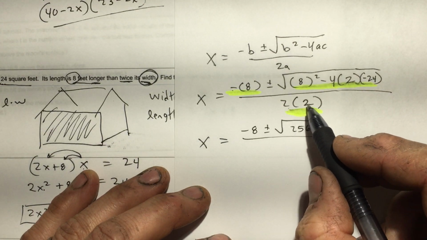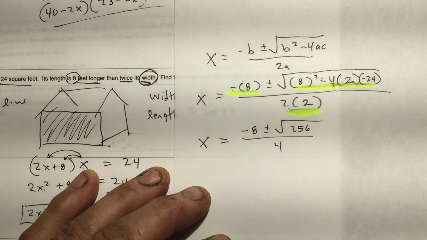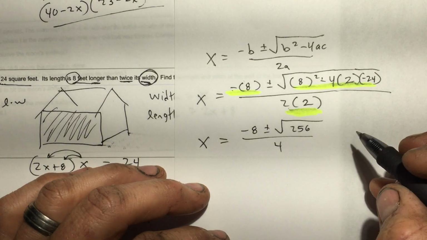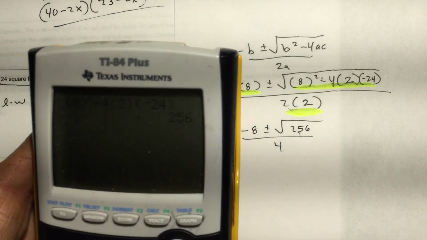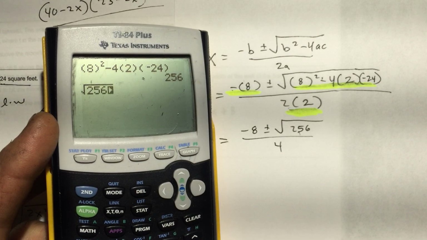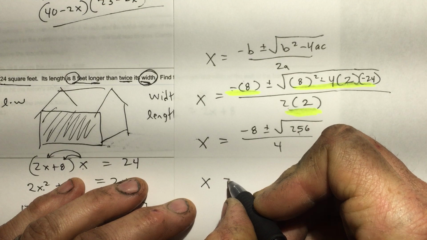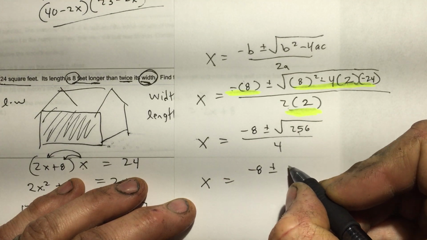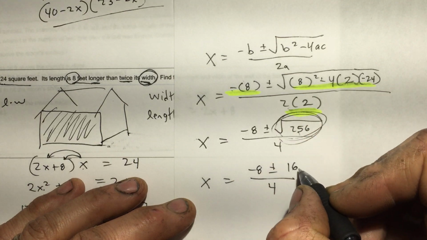On the bottom, 2 times 2 is 4. So I did all 3 of these things. Now, after I do that, I got to focus on my radical here and see if that's a perfect square. So I'm going to do the square root of 256. Hopefully that's a perfect square, and it is. It's 16. So that means x equals negative 8 plus or minus 16 divided by 4. So this square root right here is 16.